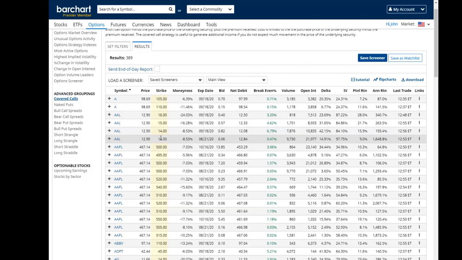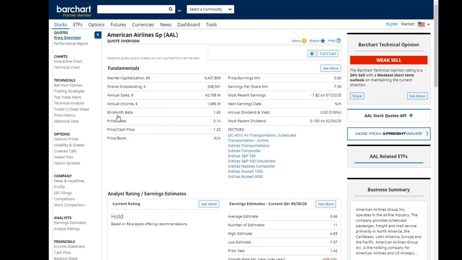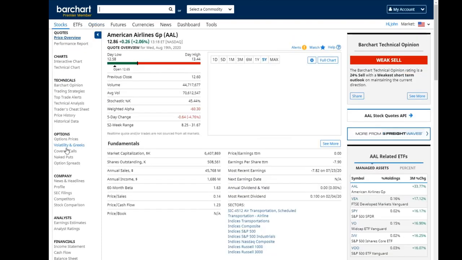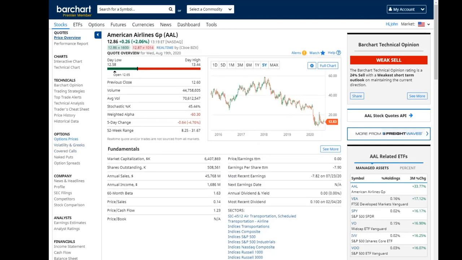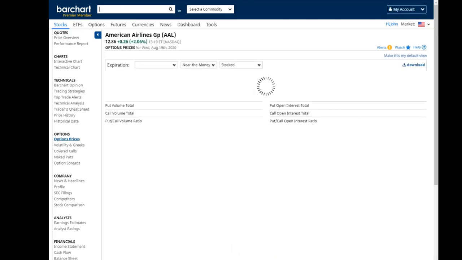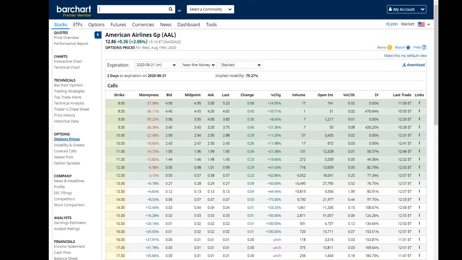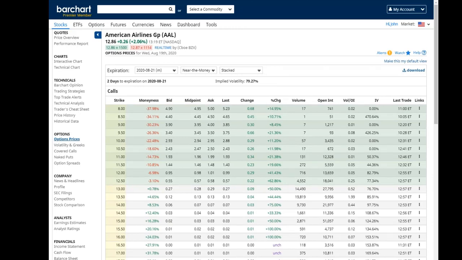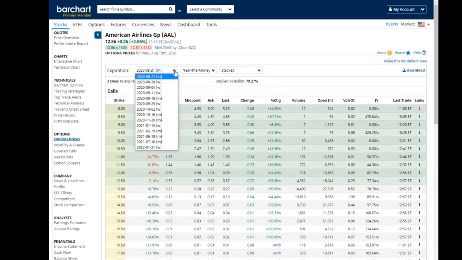So let's go to American Airlines itself, and I'm going to go to the options price grid at the moment, just to give you a little bit of background information and help you to discern that. If I go into the options price grid, I can look at all the different expirations that are available to me.